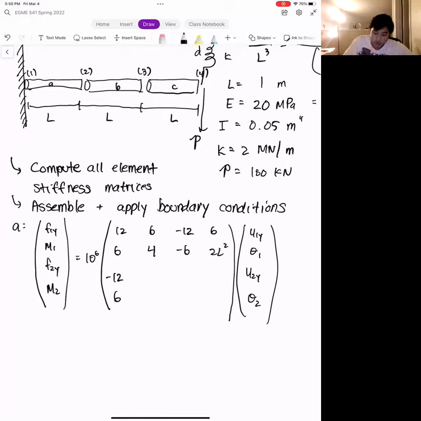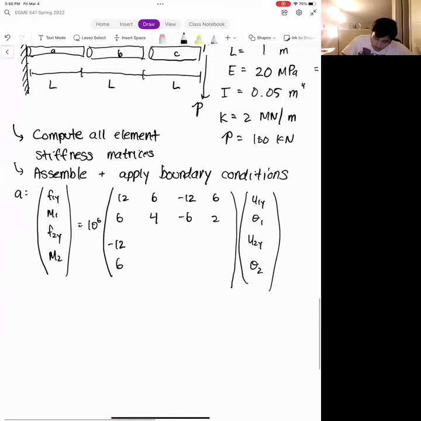Then we have a 2L squared here, which is just 2. Again, I'm going to write this into the corresponding column. Next, we have a 12 on the diagonal, so that stays 12. We have minus 6L, which is just minus 6. And then in the bottom right, we just have a 4.